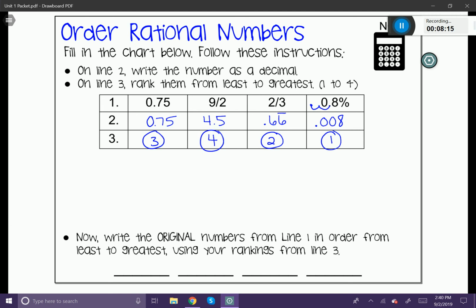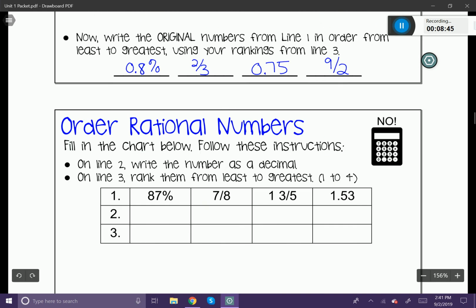So let's go ahead and rewrite. 0.8% is my smallest. Then 2/3 is my next smallest, or I guess my next largest. Then 0.75, and then 9 halves. Notice how I wrote those numbers in the original form that they were given in, not the decimal form that I put them into. And there we have ordered these from least to greatest.